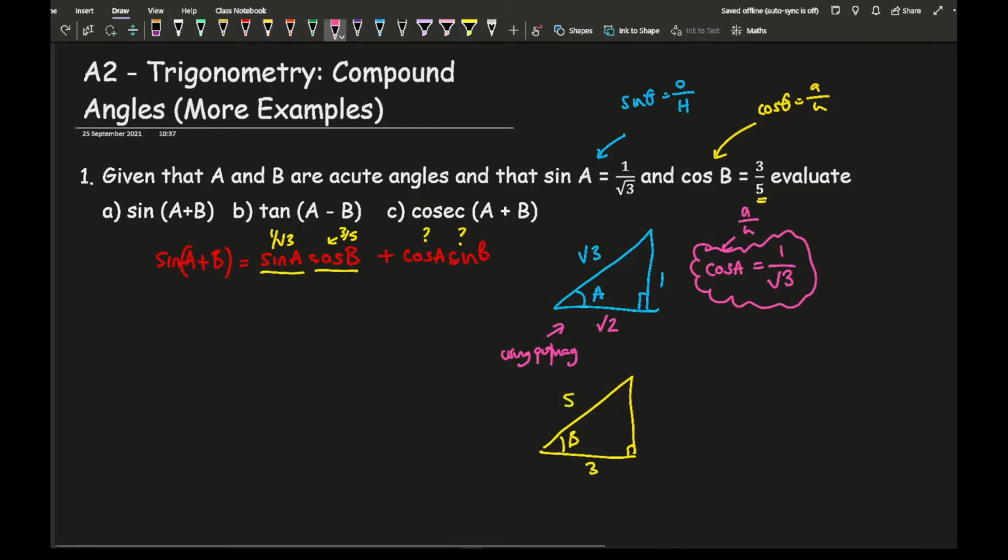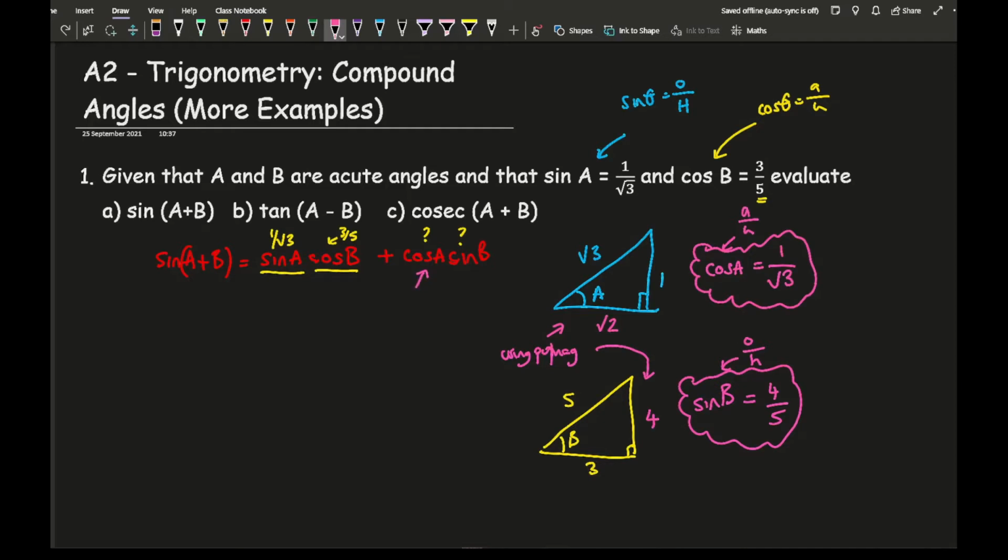And therefore, again by using Pythagoras, this length here is going to be 4. So from this triangle, sine B is going to be equal to the opposite over the hypotenuse, which in this case is 4 over 5. So now I've got my two other missing components.